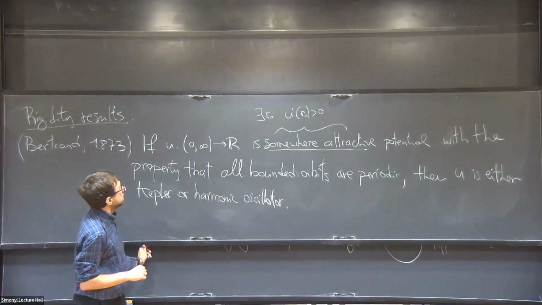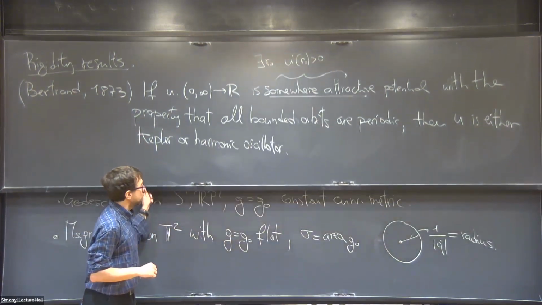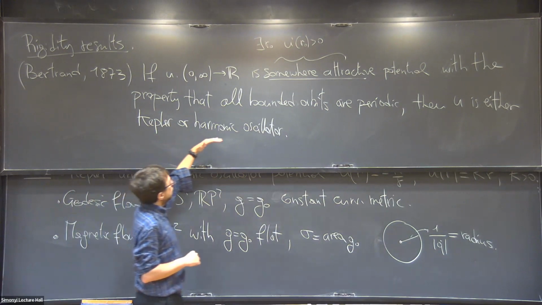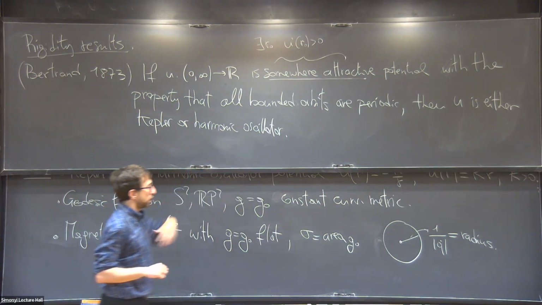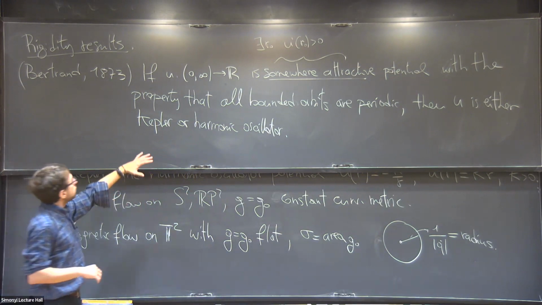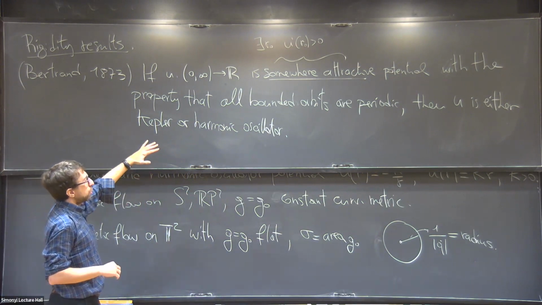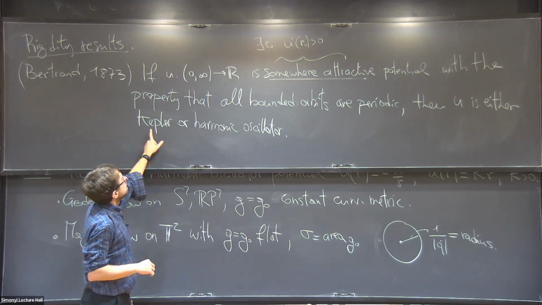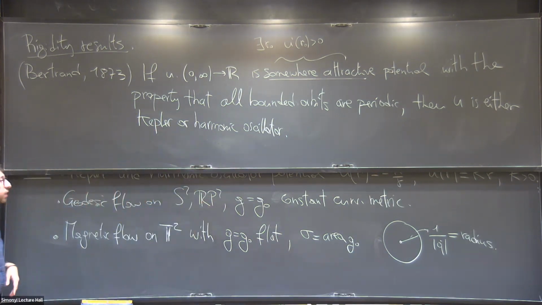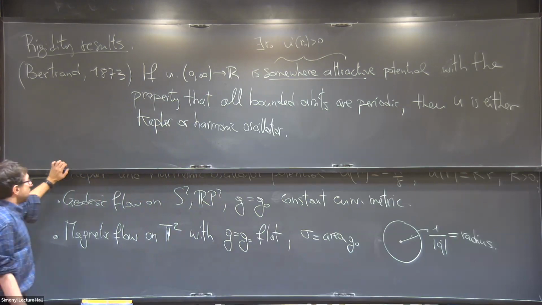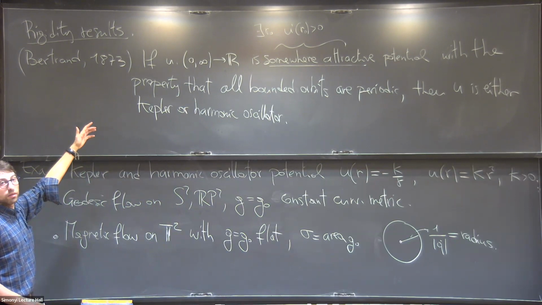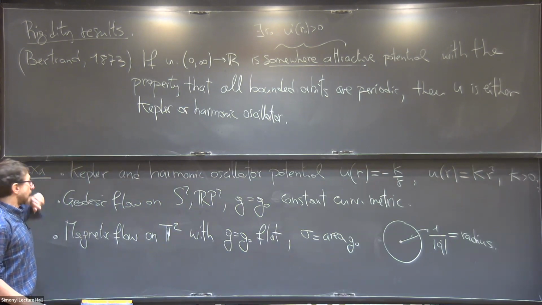In some sense, it's saying that you are not just looking at one energy, you're looking at all energies. So you're requiring something stronger than having this Zoll condition at one energy. If you know that all bounded orbits are periodic, then these are the only two cases possible, the Kepler and the harmonic oscillator. The catch is that if you ask periodicity for many energy levels, then you have a very restrictive answer.